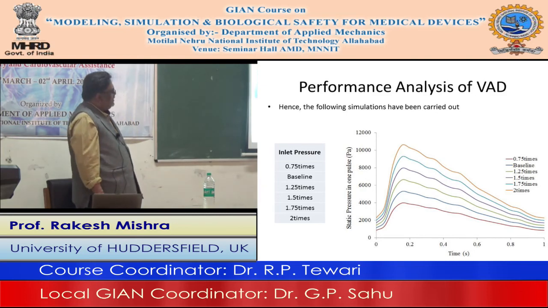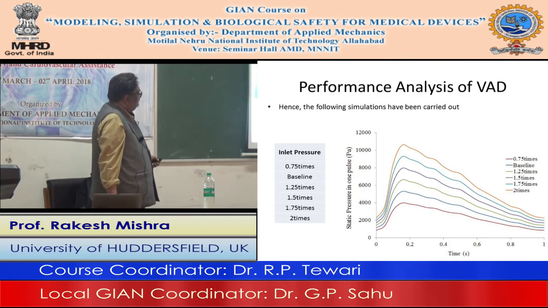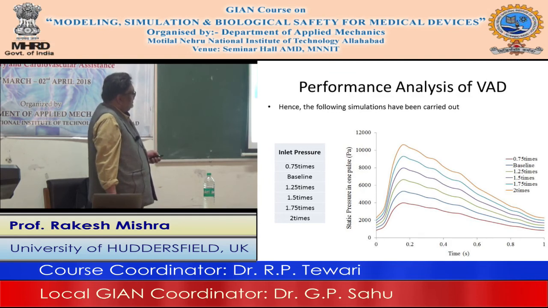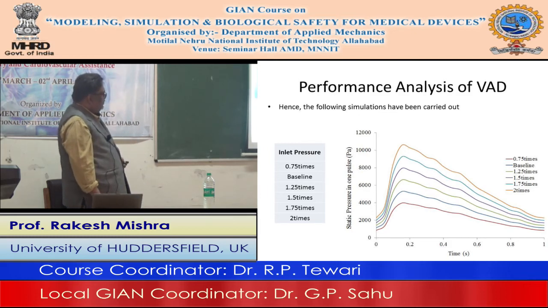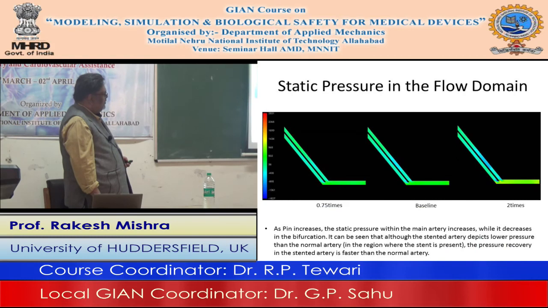And now you can see here how the flow pattern changes when we have different inlet pressure. So this is 2 times the baseline pressure, this is the baseline pressure, this is 0.7 times the baseline pressure. You can see that if P in is increasing, obviously, because we are increasing pressure, pressure here will be higher.